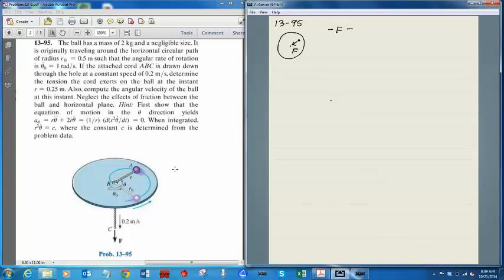So that equals mass times the acceleration in the UR direction, which is R double dot minus R theta dot squared. Then in the theta direction, I have no forces, and that equals mass times acceleration in the theta direction, which is 2 R dot theta dot plus R theta double dot.